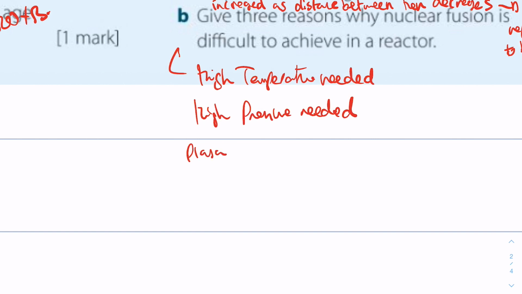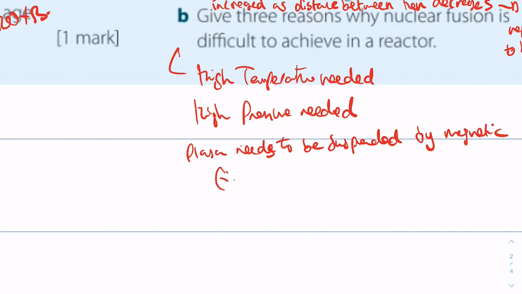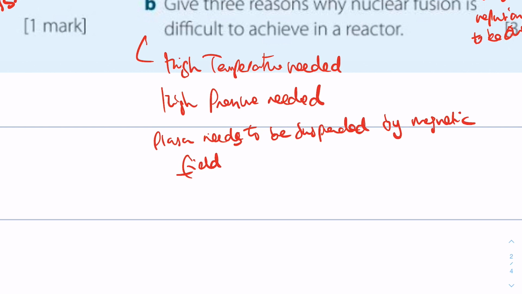So I'll put plasma needs to be suspended by magnetic field, because if the plasma touches anything, it just melts it, because the plasma is of order 10 to the 7 degrees, which is very high, and of the order 10 to the 5 Pascal, which is 100 times atmospheric pressure, and so very hot and very, very dense.